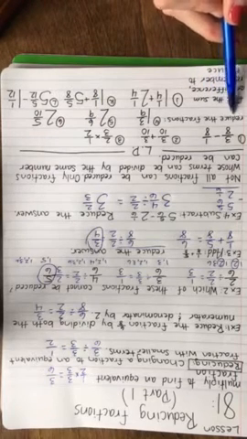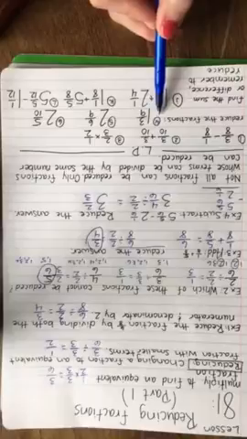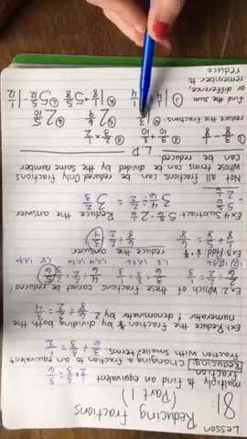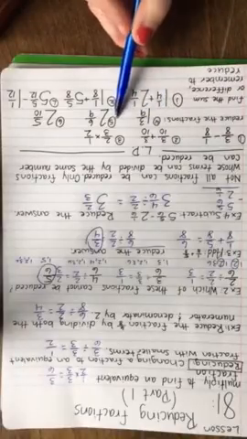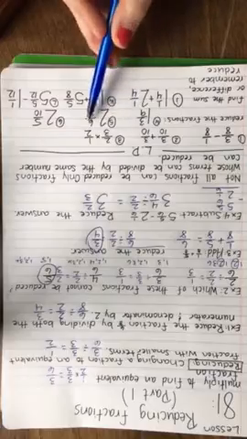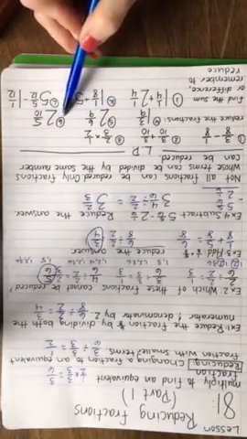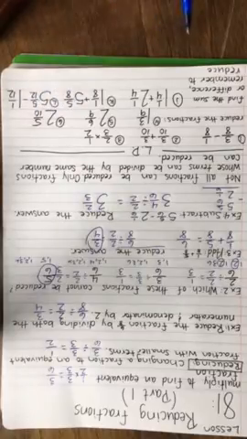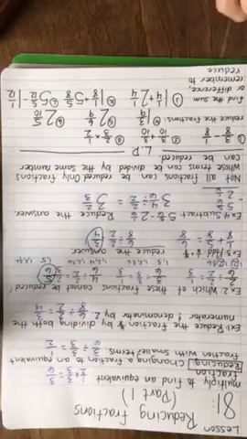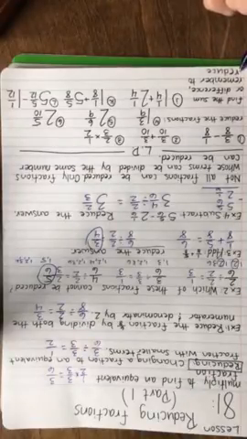For 4, 5, and 6, reduce the fractions. So reduce this fraction, 1 3/9. 5, reduce this fraction, 2 6/9. 6, reduce this fraction, 2 5/10. For 7, 8, and 9, it says find the sum or the difference. Remember to reduce.